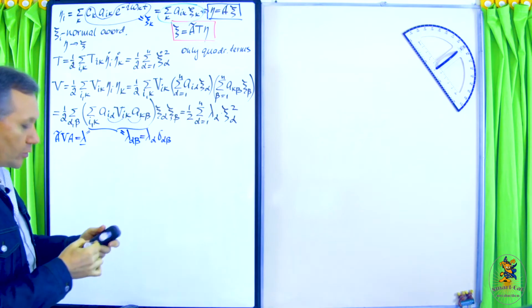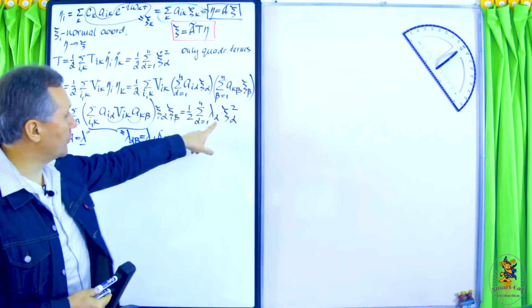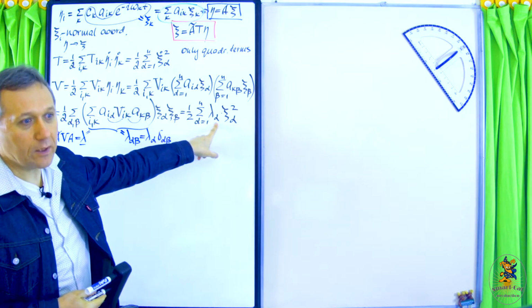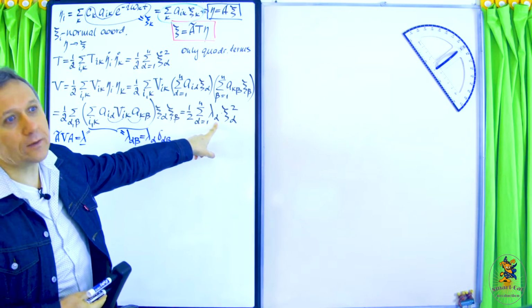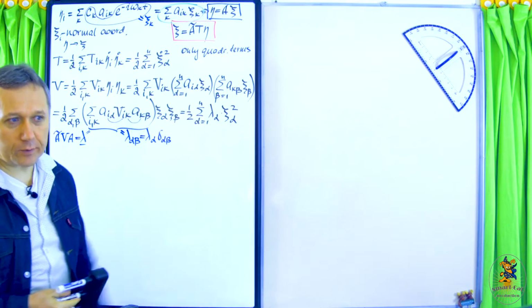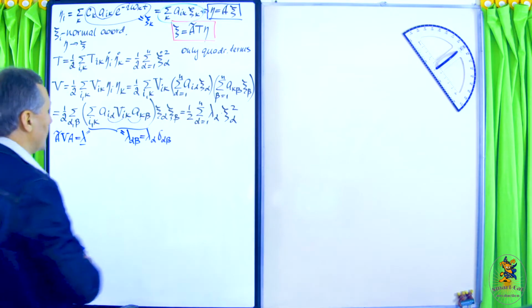But now, in order to write the final form, of course, we need to recall that lambdas are the squares of eigenvalues, squares of our frequencies. So let me write that down finally.